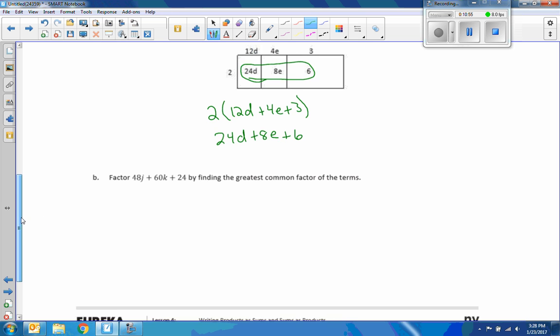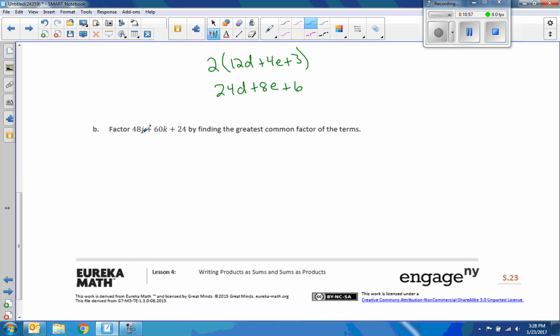Okay. B. Factor 48J plus 60K plus 24. Find the greatest common factor of the terms. Since I have 3, I'm going to do factor trees. So I'm going to take 48, which is 2 times 24, which is 2 times 12, which is 2 times 6, which is 2 times 3. So that's 2 to the 4th times 3.